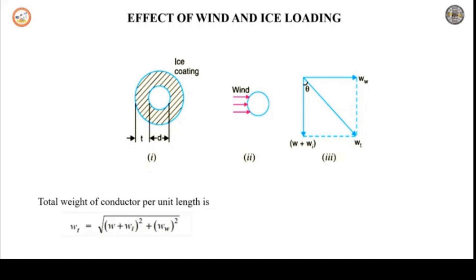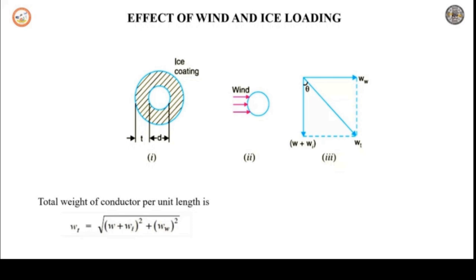This wind force I am calling Ww, which I have written to the right side of the diagram. It is a horizontal force, the wind force per unit length, always measured in kg per meter. The wind force is nothing but pressure into area: wind pressure per unit area into the projected surface area per unit length.